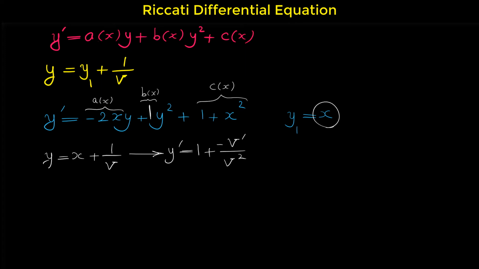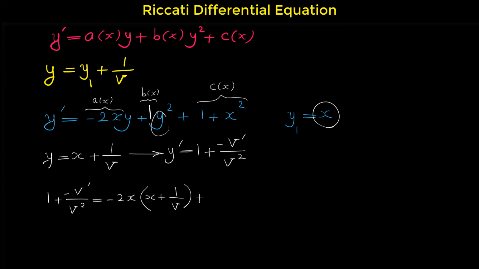Now in this equation, if we replace y' with this, we have 1 plus -v' over v² equals -2x times y. What is y? y is x plus 1 over v.